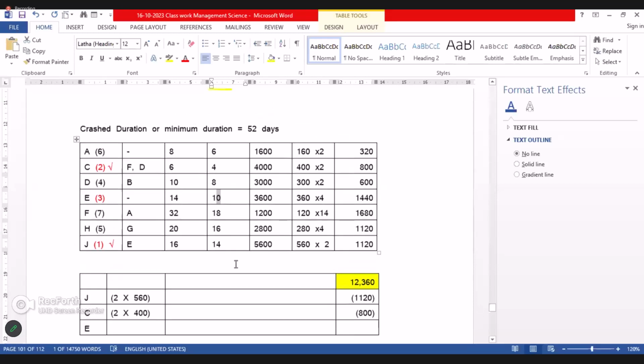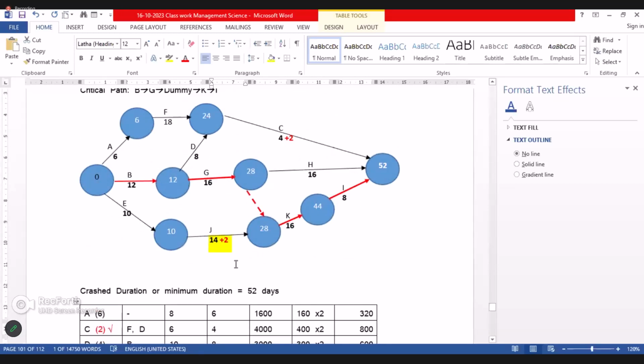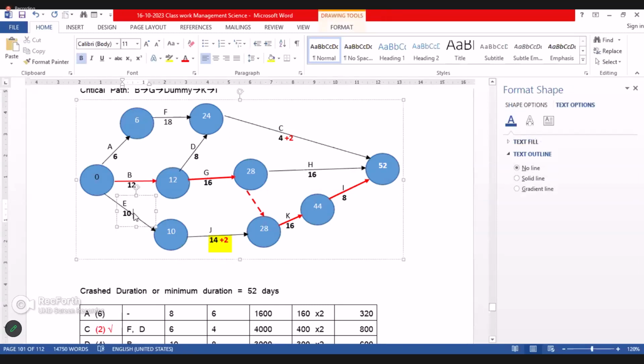So E, I see here. You see that E, if you add 4 days, what will happen? Look carefully.